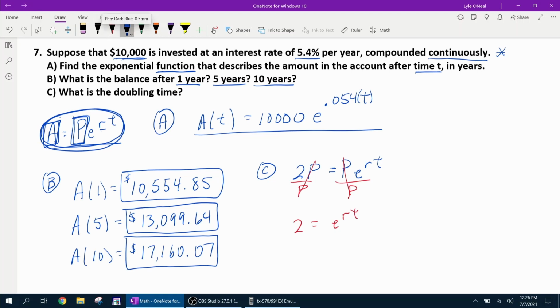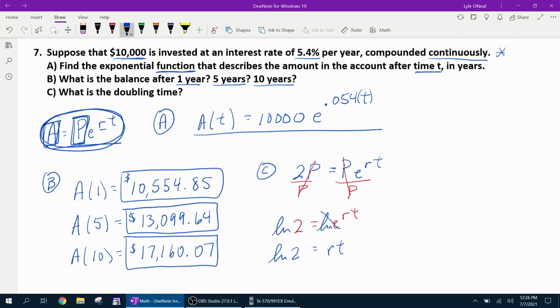And then at this point we want to take the natural log of both sides. And just so you know that there is a shortcut here, ln and e cancel and bring down the rt. That's kind of sidestepping the power rule, knowing that the exponent is going to become a coefficient, so this rt is no longer an exponent, equals natural log of 2.